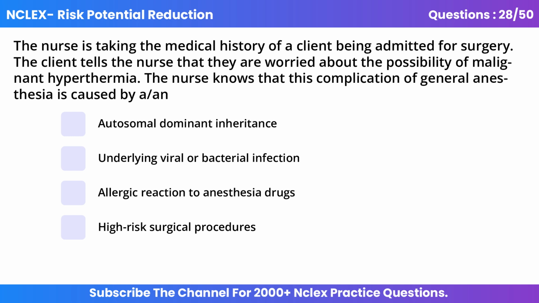Question 28. The nurse is taking the medical history of a client being admitted for surgery. The client tells the nurse that they are worried about the possibility of malignant hypothermia. The nurse knows that this complication of general anesthesia is caused by an A. Autosomal dominant inheritance.